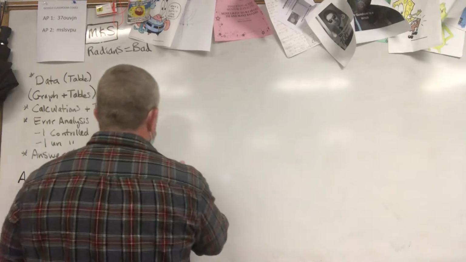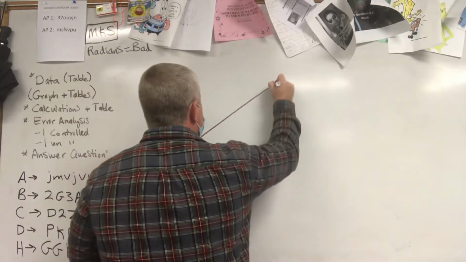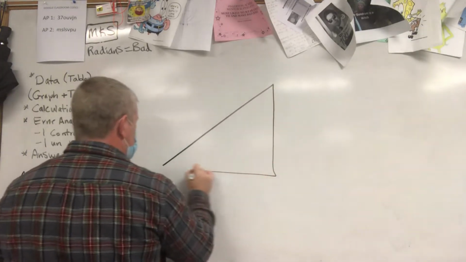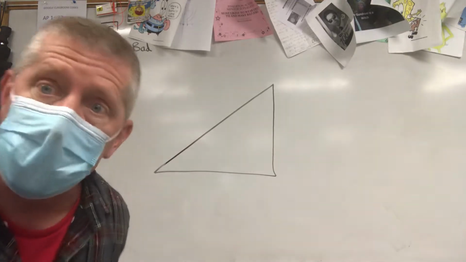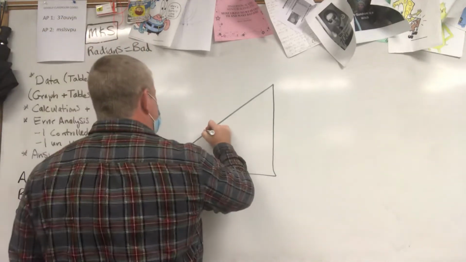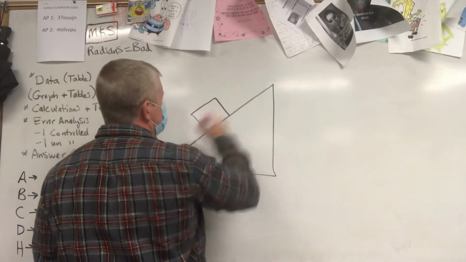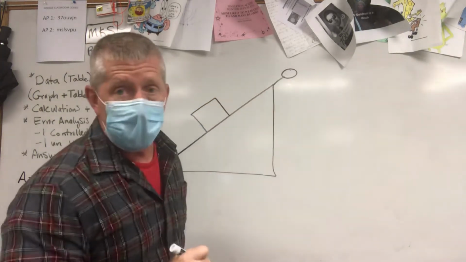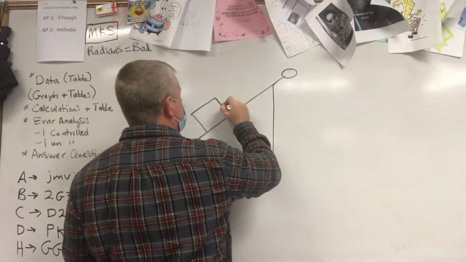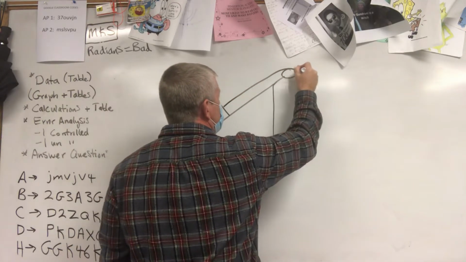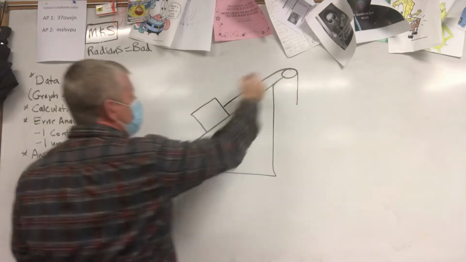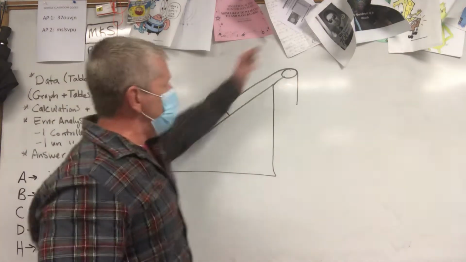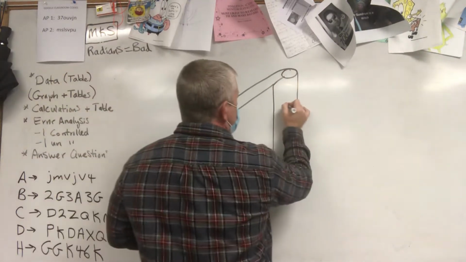Okay. So let's say we have an inclined plane. We have a box on the inclined plane. We have a pulley at the top. There is a rope attached to the box over the pulley, and there's a mass here.